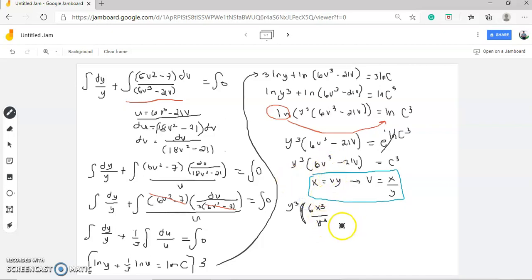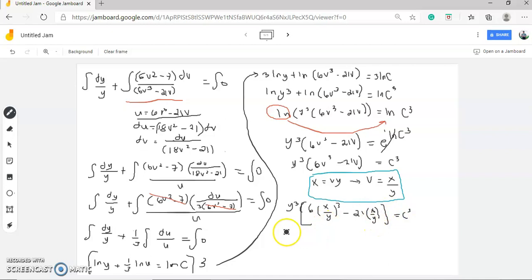So 6 times, that is v is x over y raised to the power of cube, minus 21 x over y equals c cube.